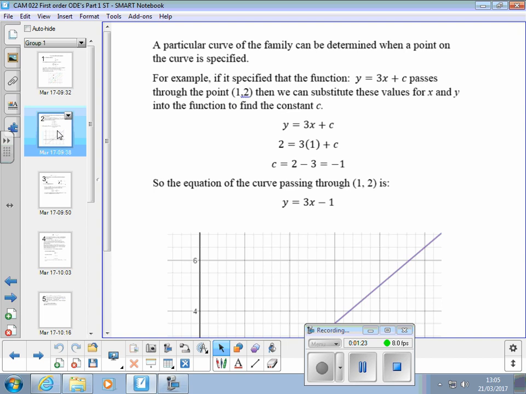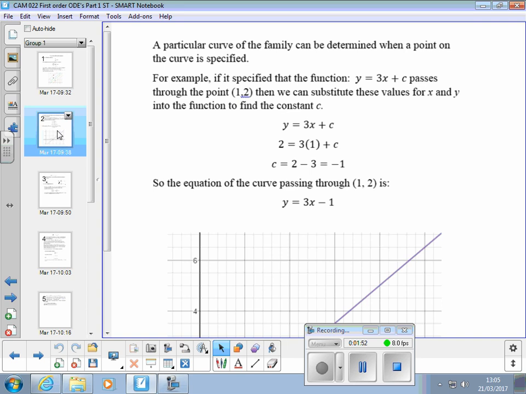a particular curve of the family can be determined when a point on the curve is specified. So, for example, if it's specified that the function y equals 3x plus c passes through the point where x is 1 and y is 2, then we could substitute those values in for x and y, rearrange, and find the constant c, which is done there.